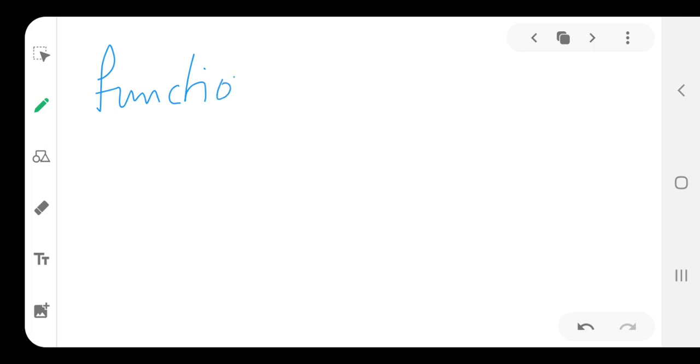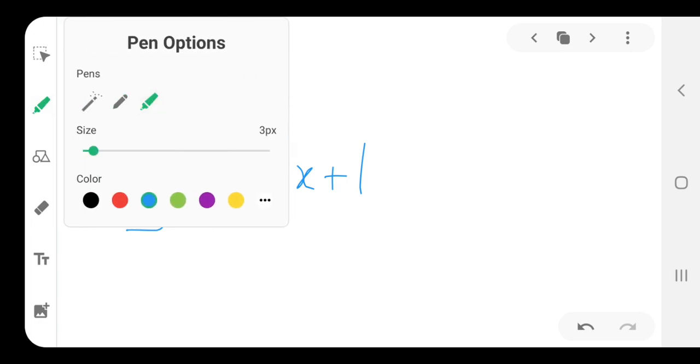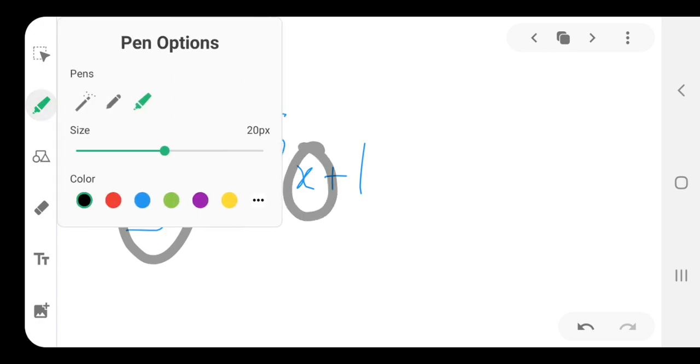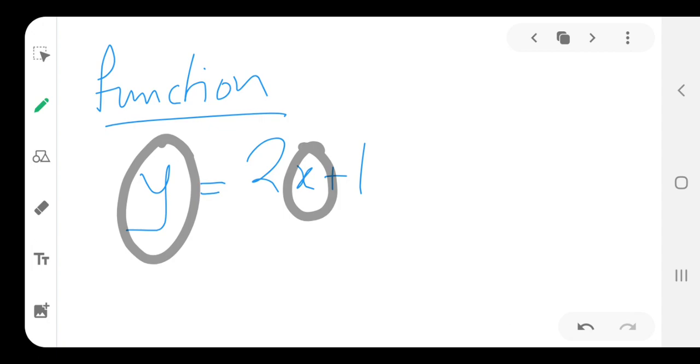Let me say it to you. A function means, let's say y is a variable and it depends on another variable x. Both are variables. My y is a variable and x is also a variable. But y depends on x. So as I choose x values, y will automatically change according to that.